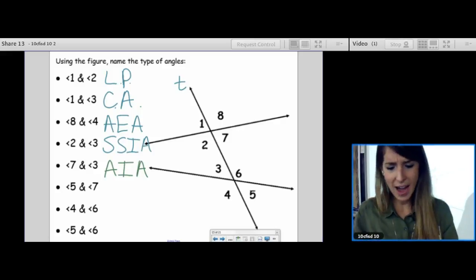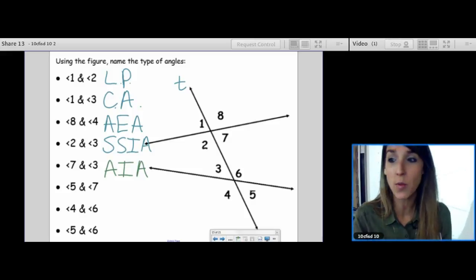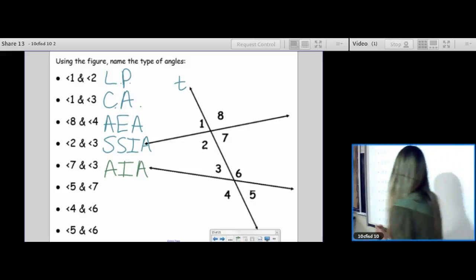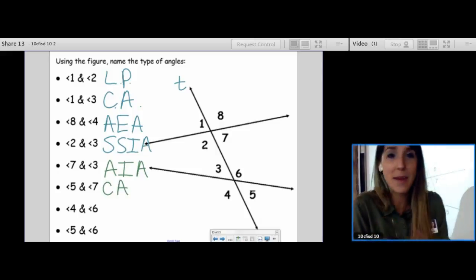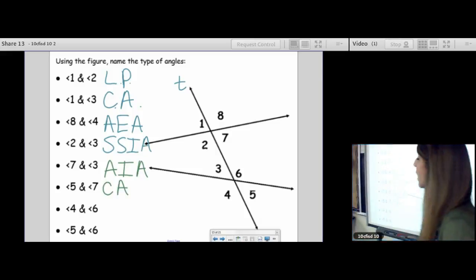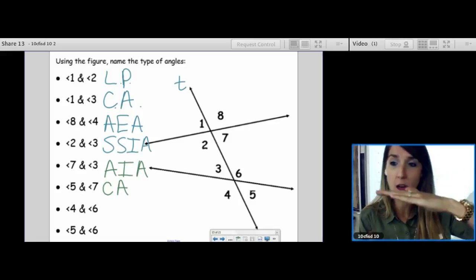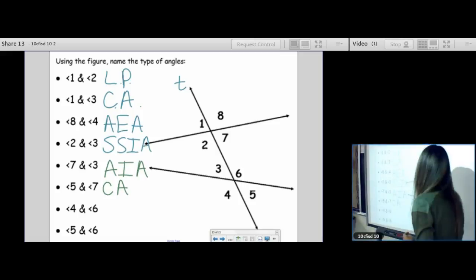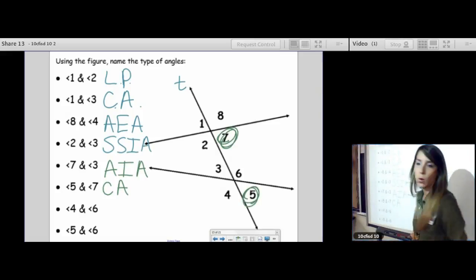So they're same side, but I can't use interior or exterior, and that's when you know it's the weird one. That's when you know it's corresponding angles, because I couldn't label them interior or exterior. They're in corresponding spots. They are both on the right, and they are both below. Right and below. Corresponding angles.